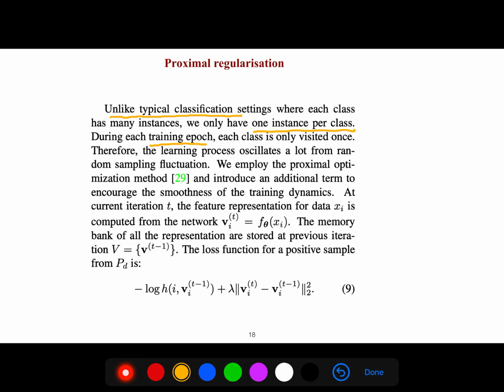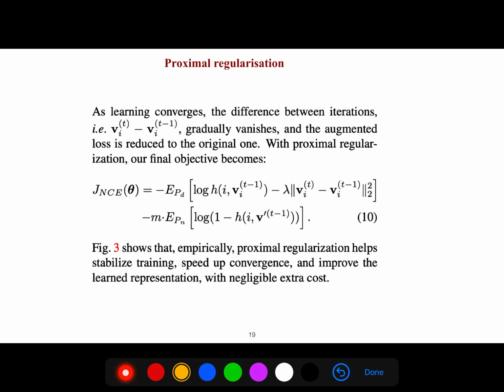Therefore, the learning process oscillates a lot from random sampling fluctuation. We employ the proximal optimization method and introduce additional terms to encourage the smoothness of training dynamics. As learning converges, the difference between iterations gradually vanishes and the augmented loss is reduced to the original one.